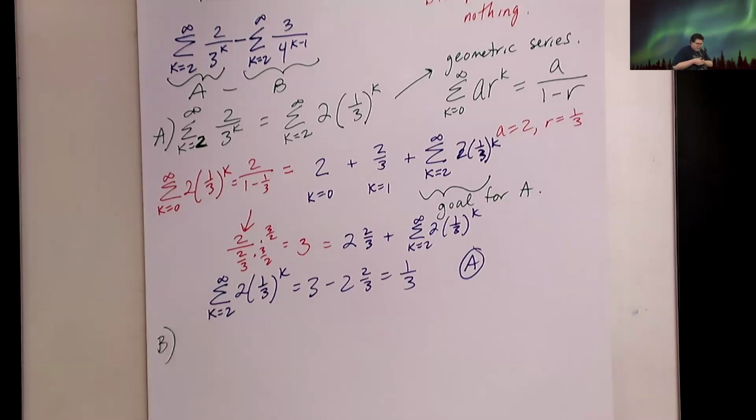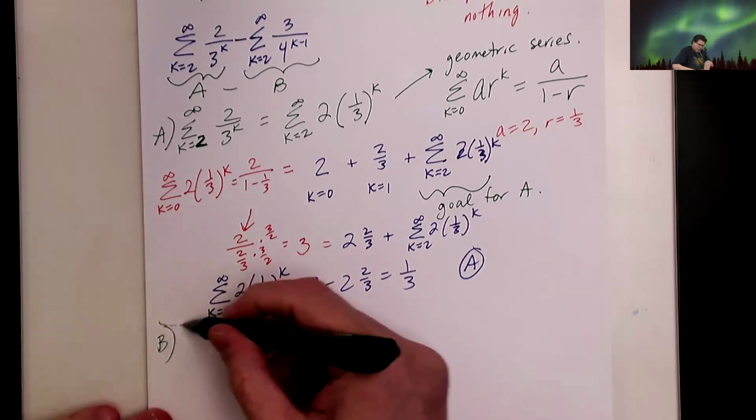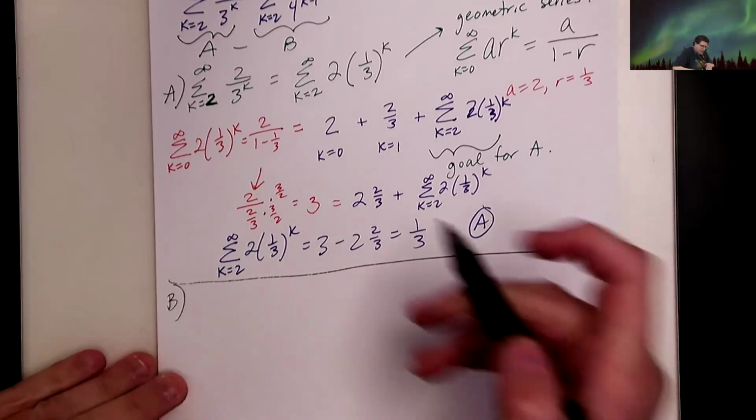Maybe we can together do the k minus 1 part first to make it look a little bit more like the other one, because that's going to throw some for a loop.